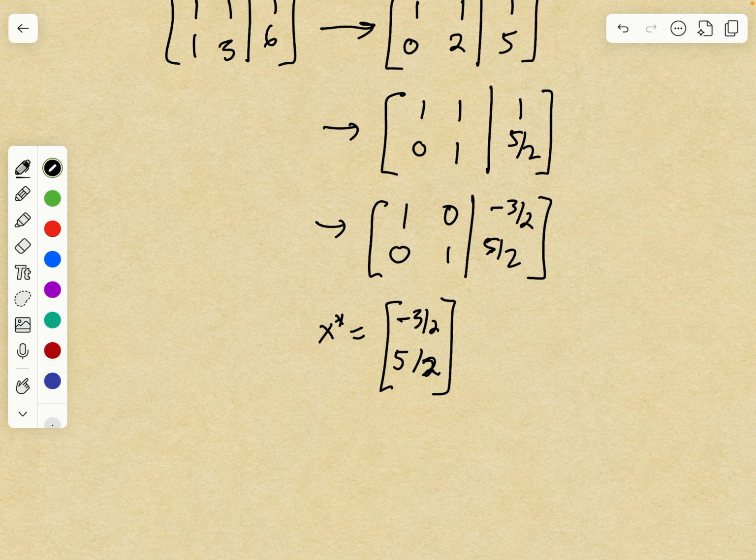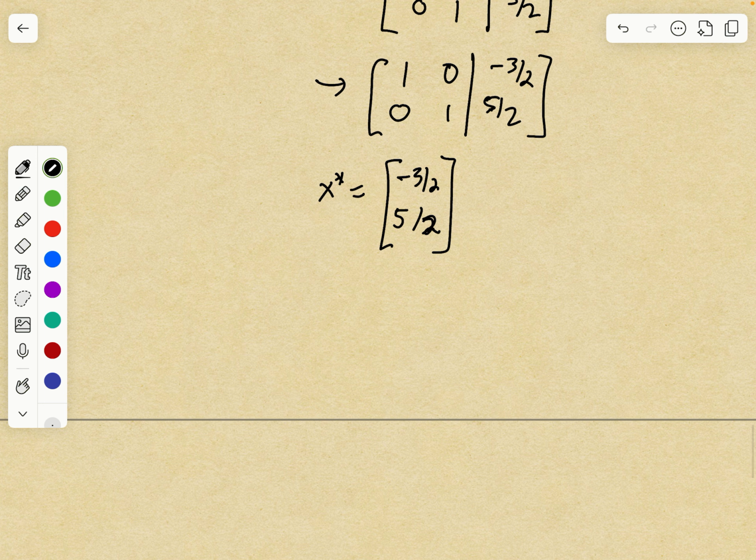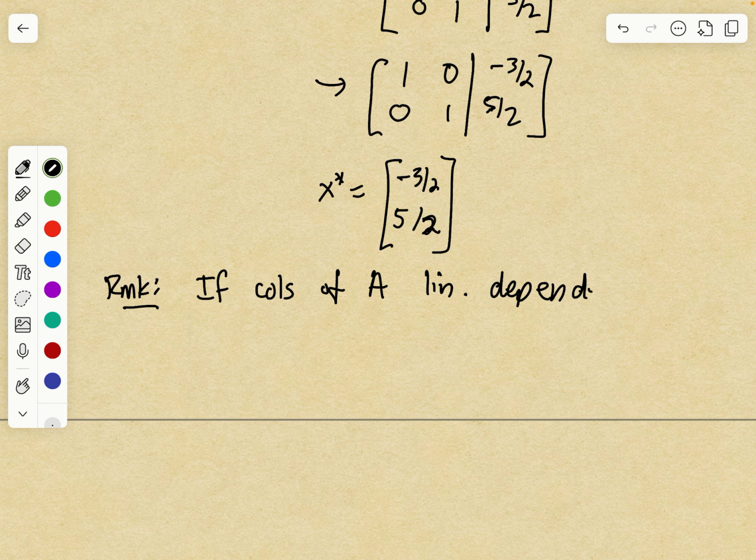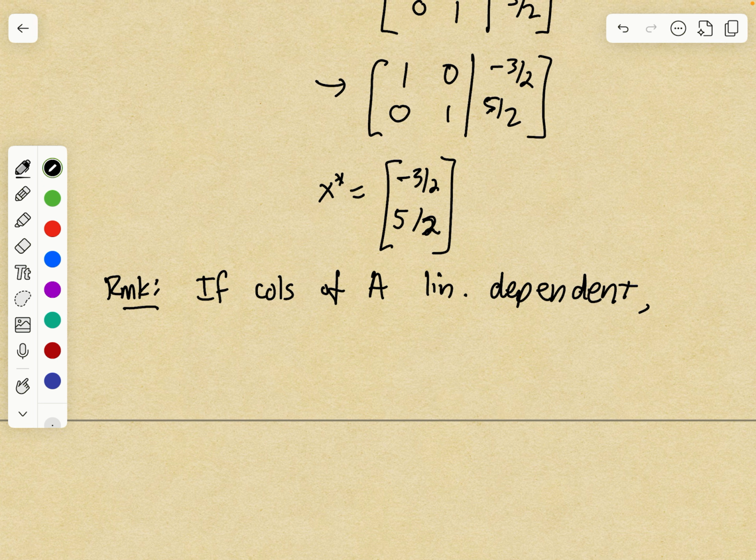All right, so more than one way to do this. And if you use a programming language, like Python, you can find the least square solution pretty easily. And one thing to note is that in this example, there was only one value of x star, but if the columns of A were linearly dependent, then there will actually be more than one x star.